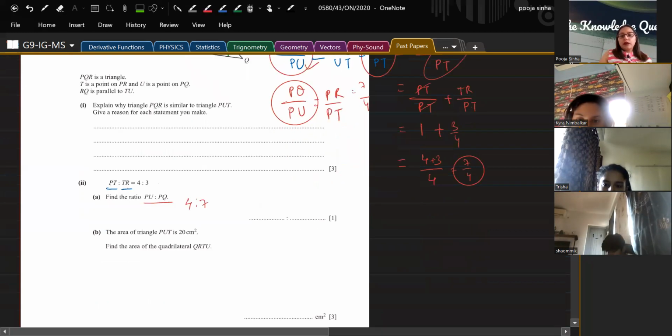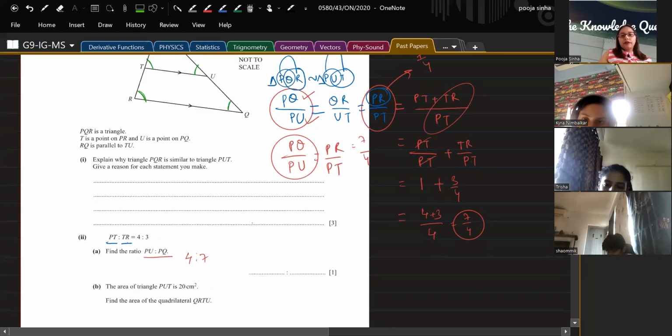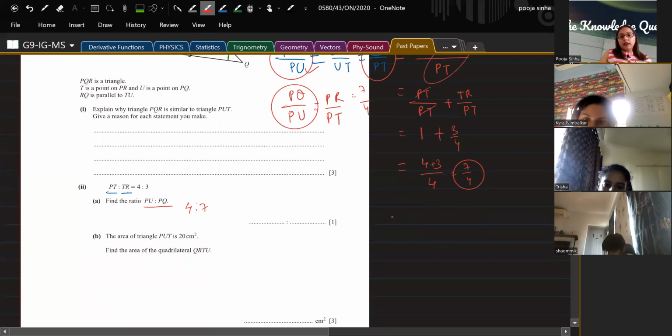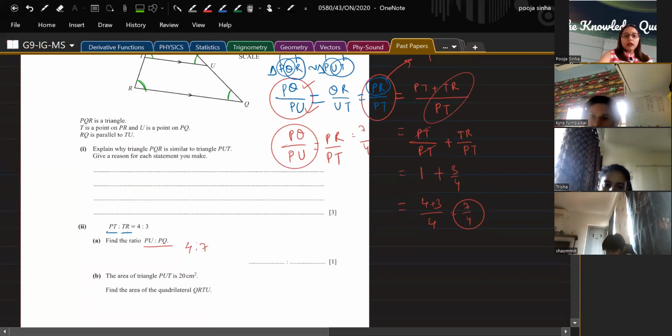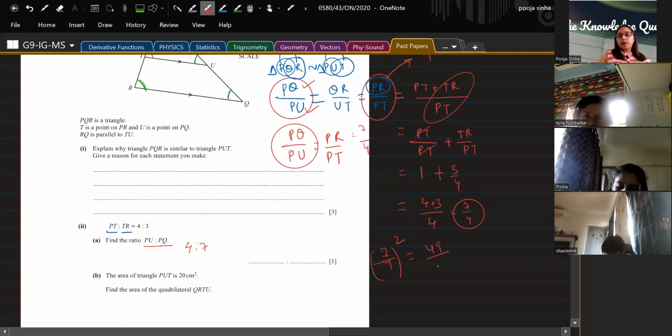And always remember that the areas are always in the ratio of the square of the sides. So the square of the sides. If the ratio of sides is PQ upon PU, so if it is 7 upon 4, the areas will be in the square, so 49 upon 16.